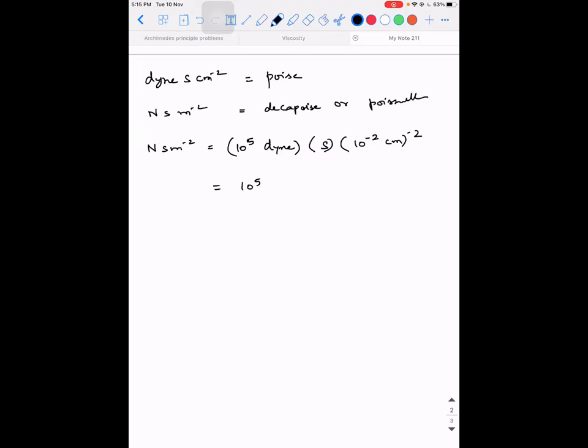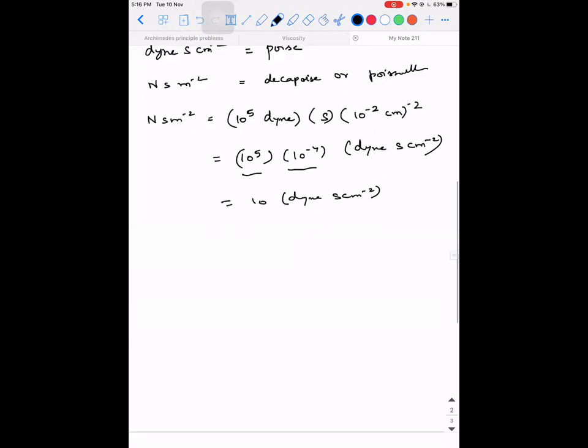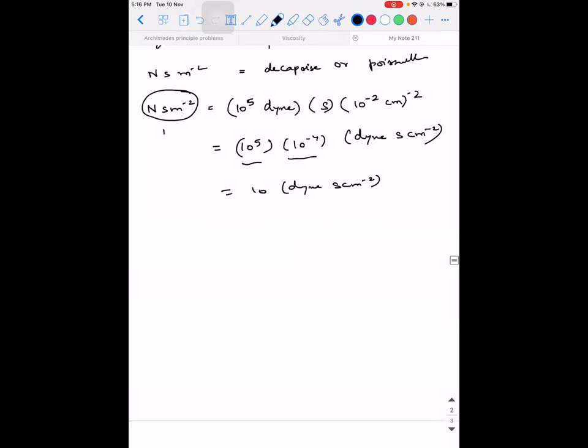It will be 10 power 5 into 10 power minus 4 dyne second centimeter minus 2. So 10 power 5 into 10 power minus 4 is 10. So Newton second meter power minus 2 is called poiseuille, and 10 dyne second centimeter minus 2 is called poise. So 10 times poise is what is called decapoise.